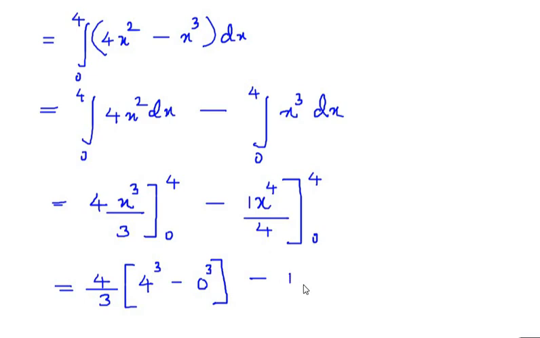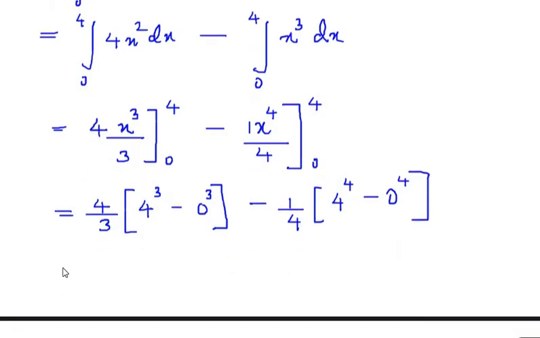I can take it out, and inside the bracket substitute 4 in place of x, so 4 to the power of 4 minus 0 to the power of 4. So here we get 4 over 3, and 4 cube is 64 minus 1 over 4 times 4 to the power of 4 is 256.